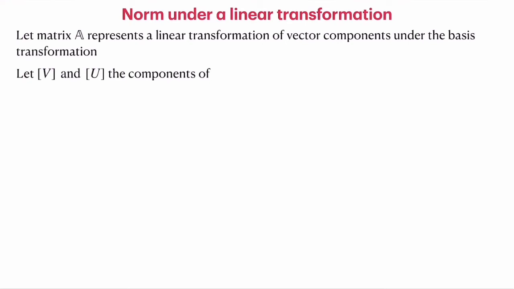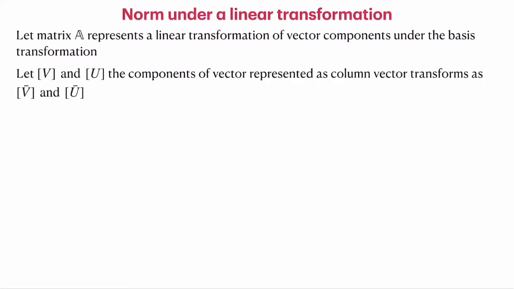Let V and U be the components of vectors represented as column vectors and transformed into V bar and U bar by matrix multiplication, where V bar is given by A into V and U bar is given by A into U.